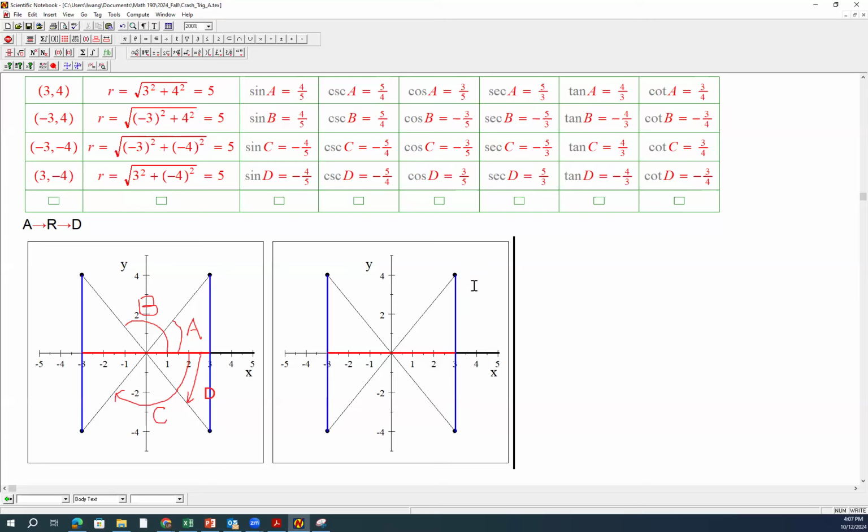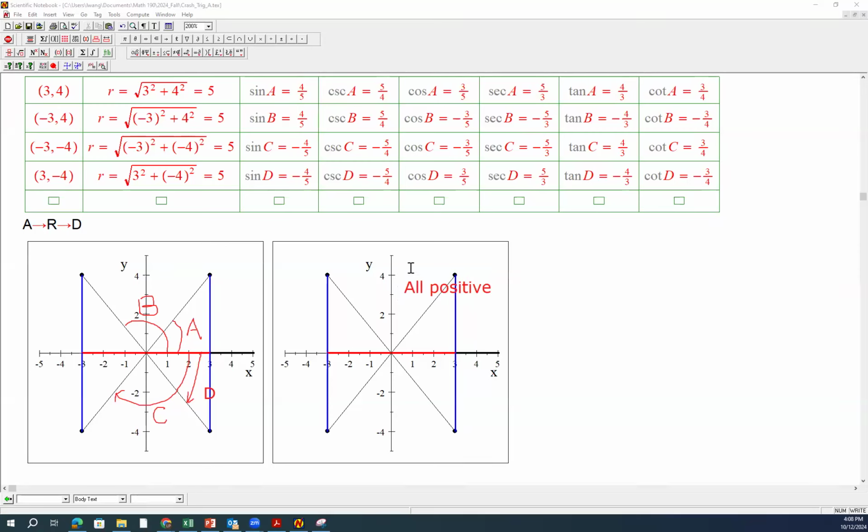All of them. That's something interesting to know, right? So we're going to write it down as all ratios positive, meaning the ratios are positive.